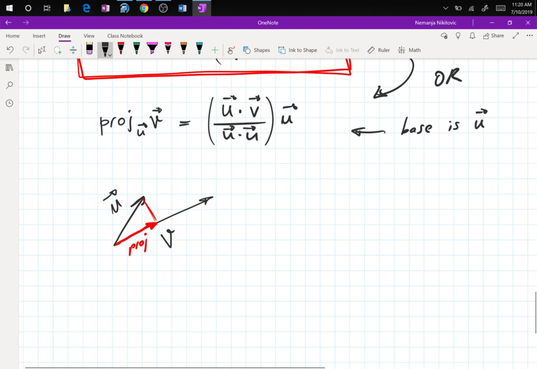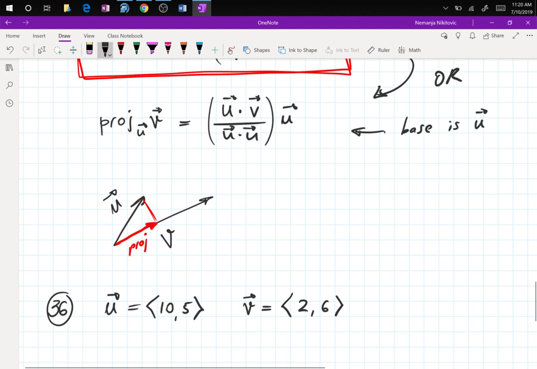Problem 36 gives you vector u is 10, 5, vector v is 2 and 6.